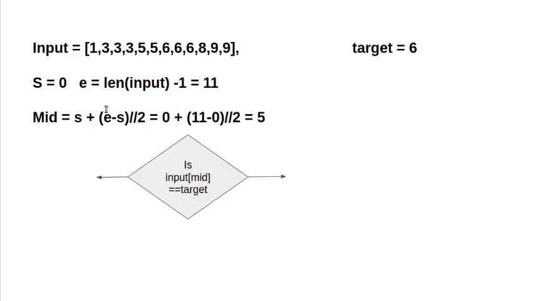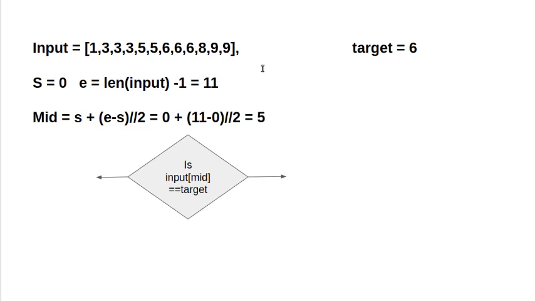In the other case, if the length is 1, we need to check whether the value at the 0th index is equal to the target. If so, we return 0 and 0. If not, we simply return -1 and -1. So we just need to return an array of two indices.